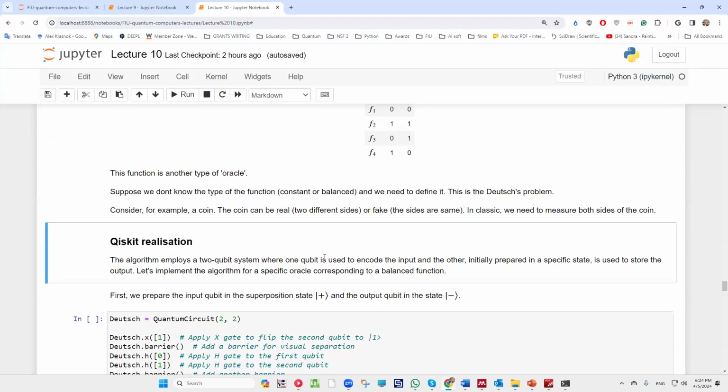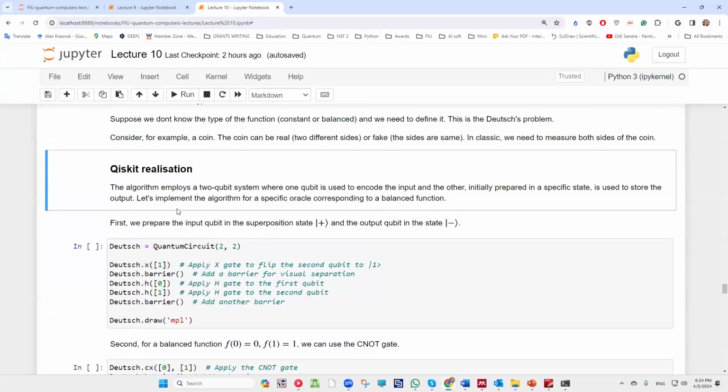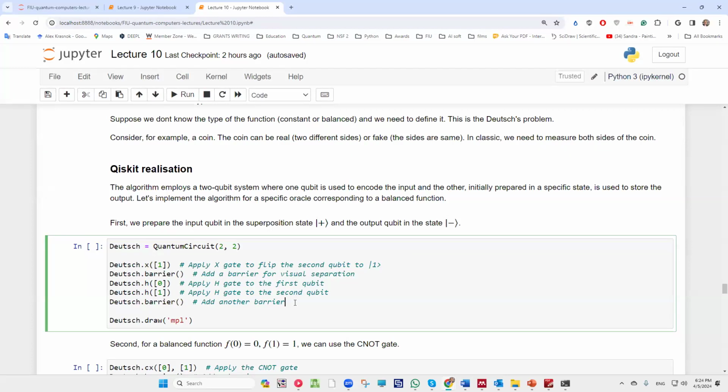So how do we realize this? Again we exemplify this using Qiskit, right?